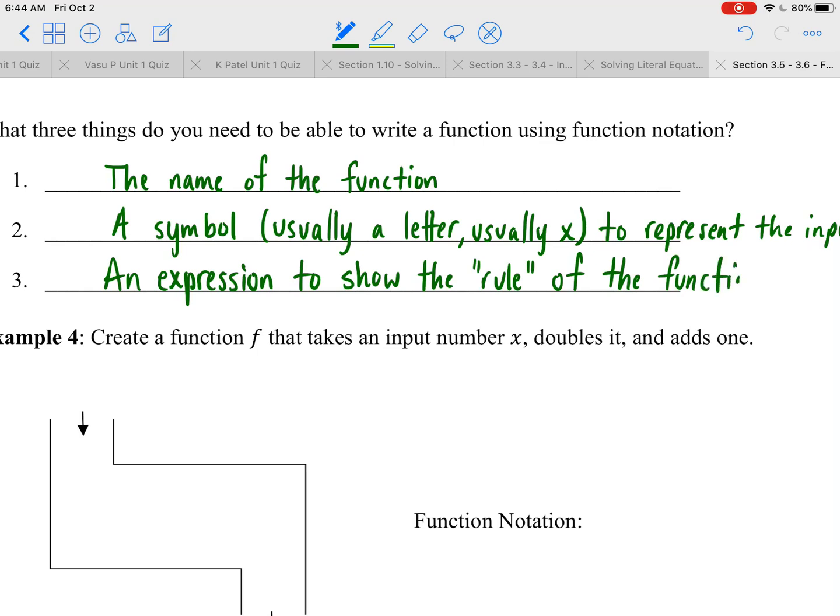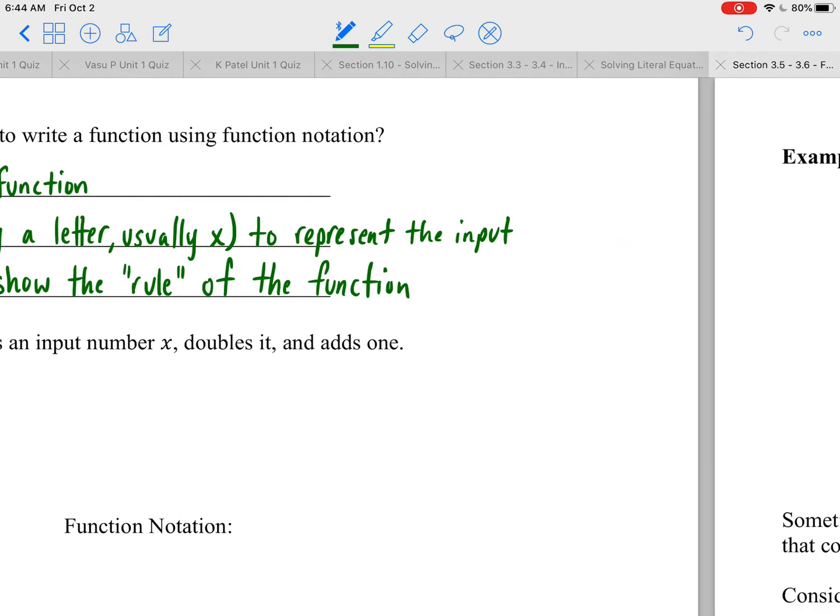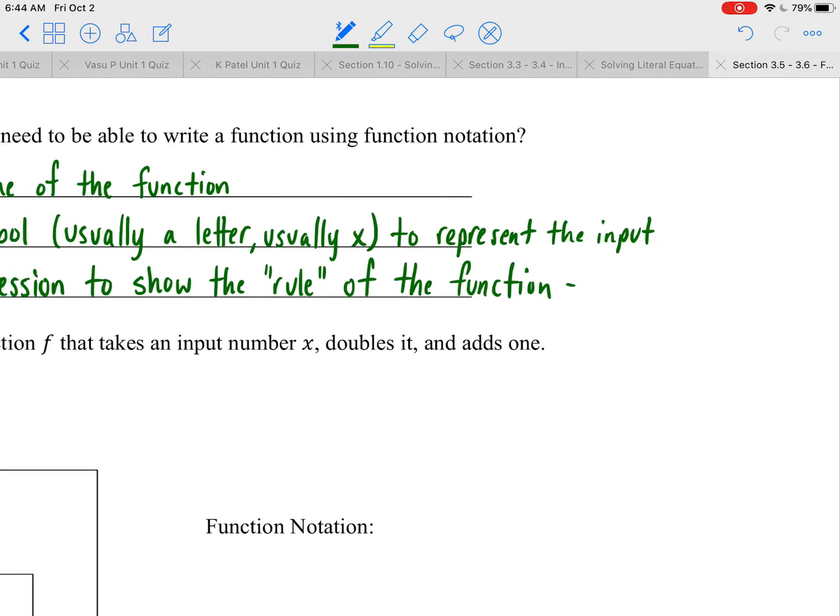And when I say rule, so you need an expression to show the rule of the function. When I say rule, I mean what needs to be done to the input to get to the output.